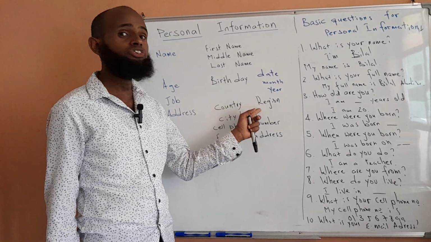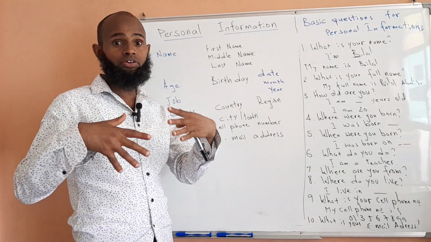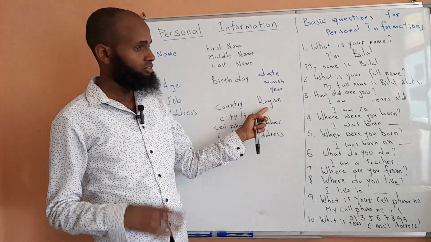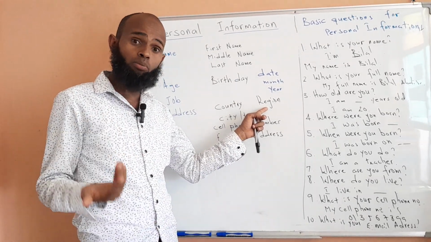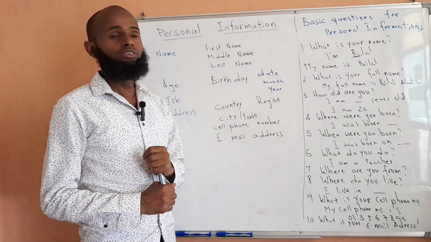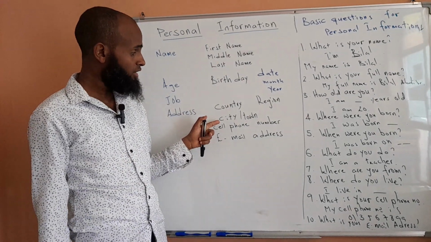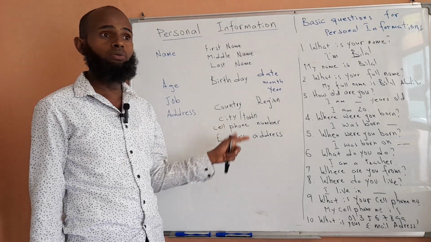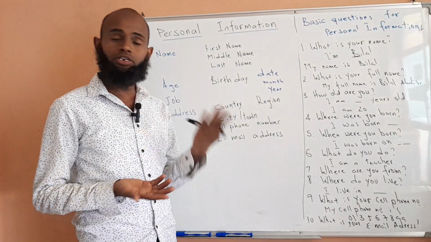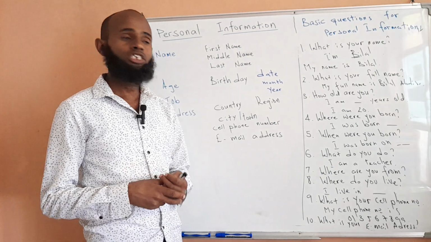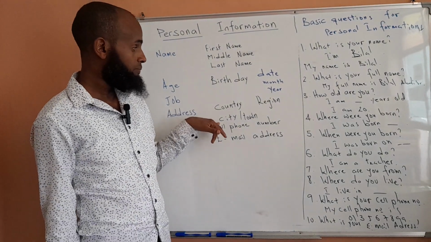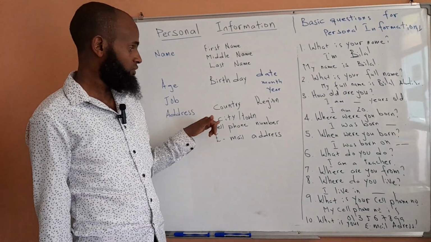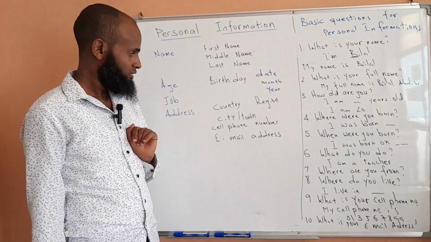Next, a region. Your country is divided into different regions. My region is Oromia. The next one is city or town. You can say your city, Addis or Jimma, a place where you live. Okay, that will be your address.